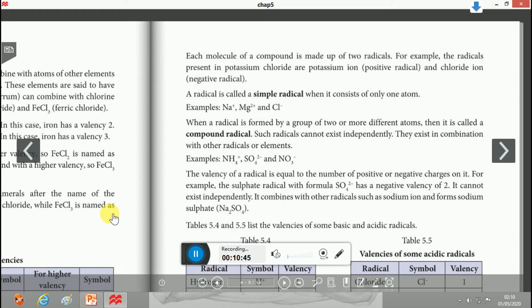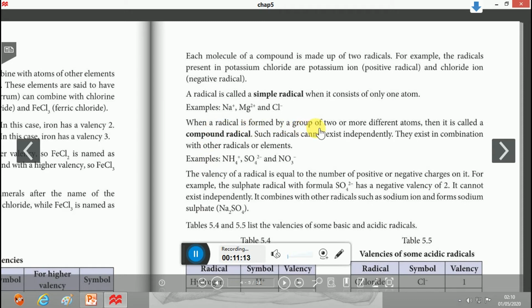There is another way of classifying radicals. One is simple radical. When a radical contains only one type of atom, it is referred to as a simple radical. For example, sodium Na plus, magnesium Mg plus 2, chloride Cl minus.